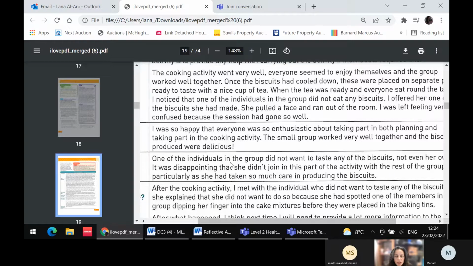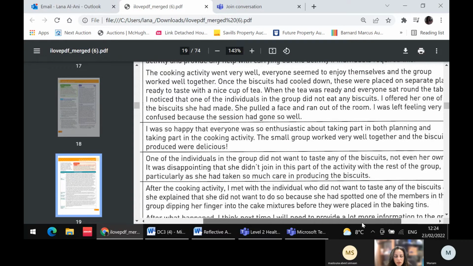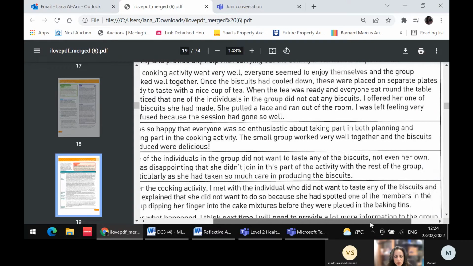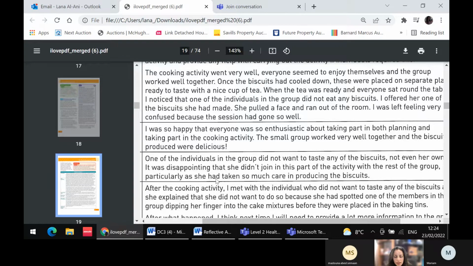One of the individuals in the group did not want to taste any of the biscuits, not even her own one, and she had taken so much care producing the biscuit.